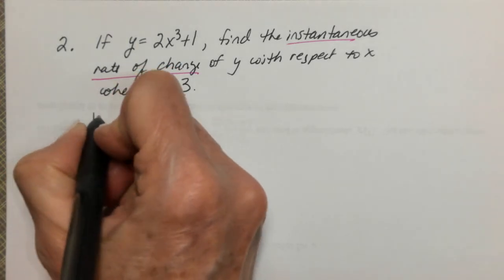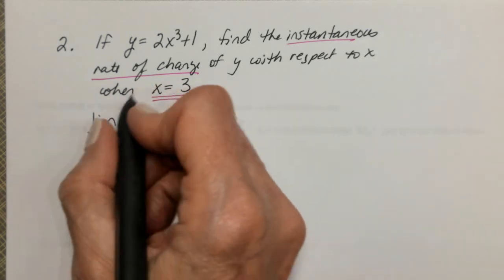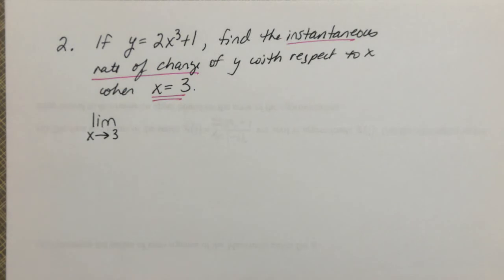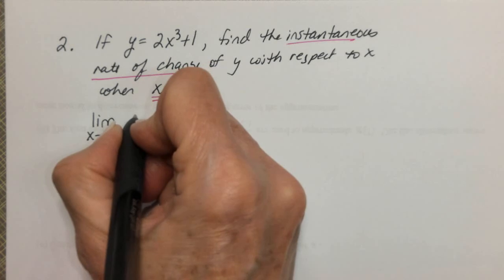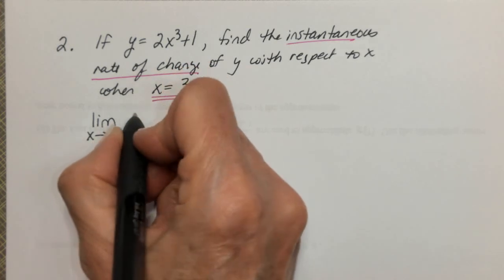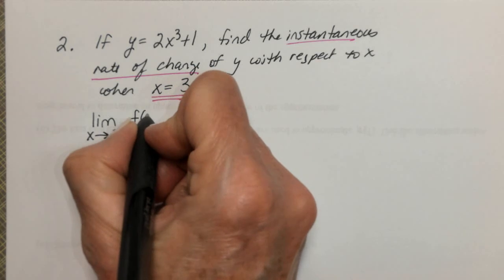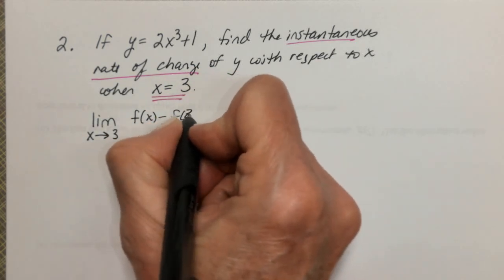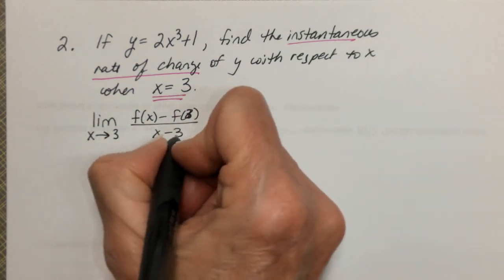Limit as x approaches 3, and now I write my change in y over change in x. I'm going to write this down again: f of x minus f of a, where a is 3, so f of 3, all over x minus 3.